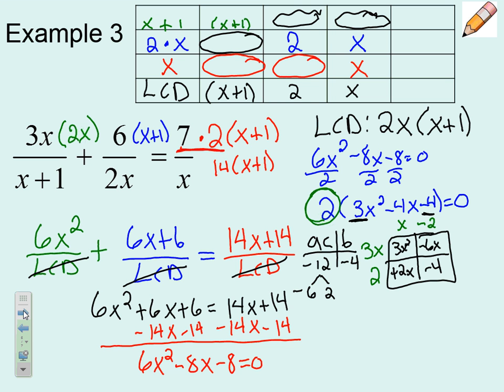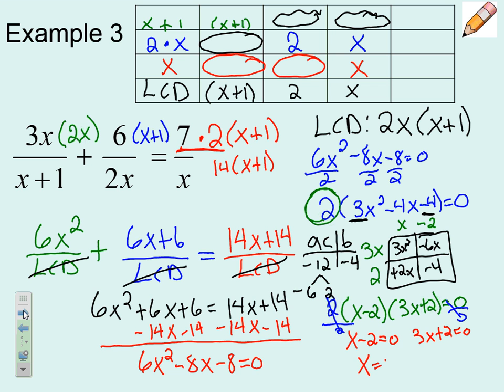So when I set these equal to 0, I'm going to have x minus 2 and 3x plus 2 equals 0. When I'm solving this, remember I have this 2 out in front. I can get rid of that right away. Divide by 2. So those cancel. So I'll have x minus 2 equals 0 and 3x plus 2 equals 0.